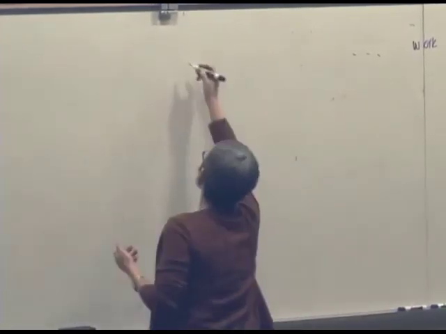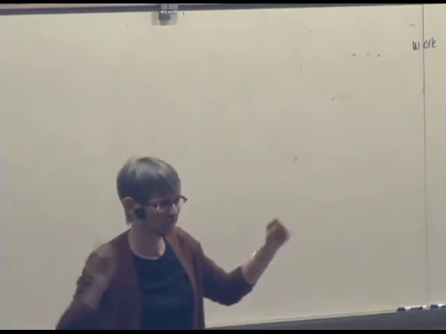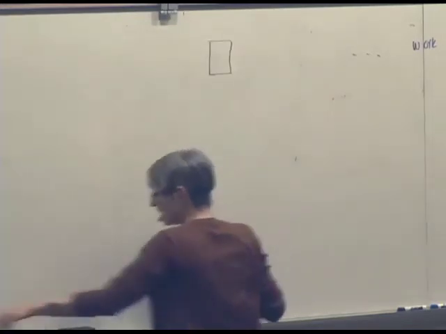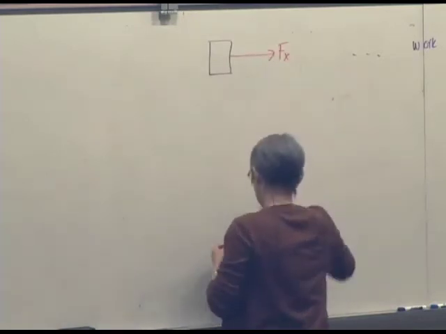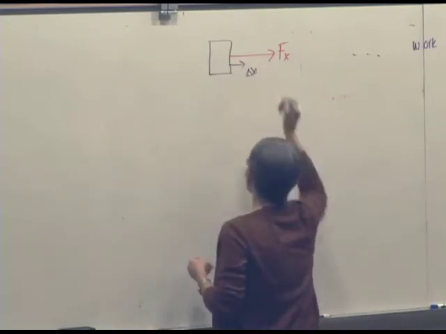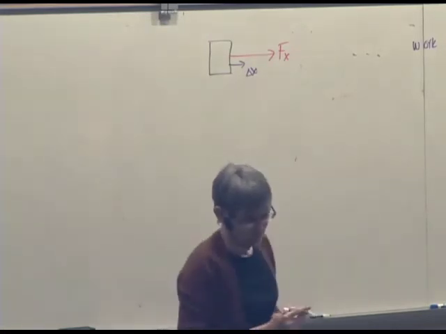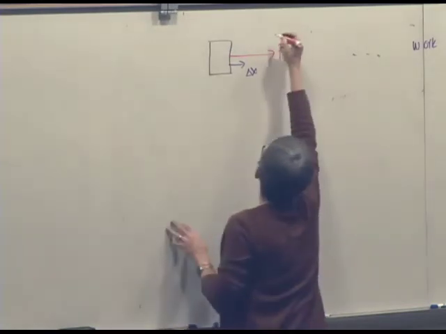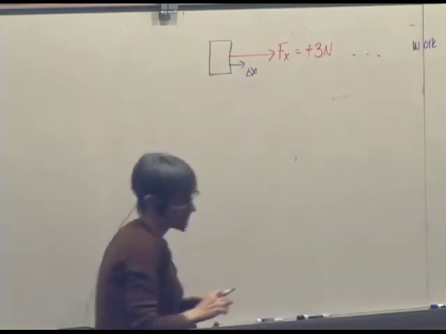We'll do it in one dimension just to be simple, but it extends to all three. So we've already started out with a box. There's some force in the x direction. There's some displacement delta x. So let's get some numbers. Let's say this force is plus 3 newtons in the x direction.